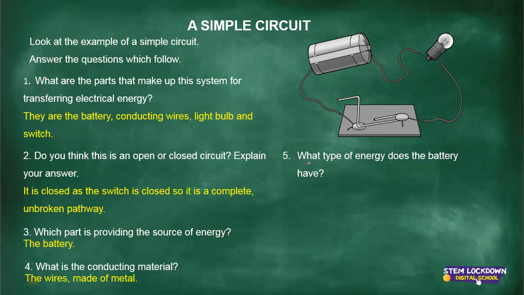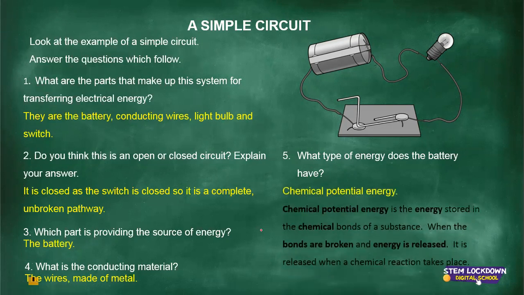Okay, no. Okay. So what type of energy does the battery have? We'll say it has chemical potential energy. Chemical potential energy means that inside the battery, you have the chemical components. Chemical potential energy is the energy stored in chemical bonds of a substance.